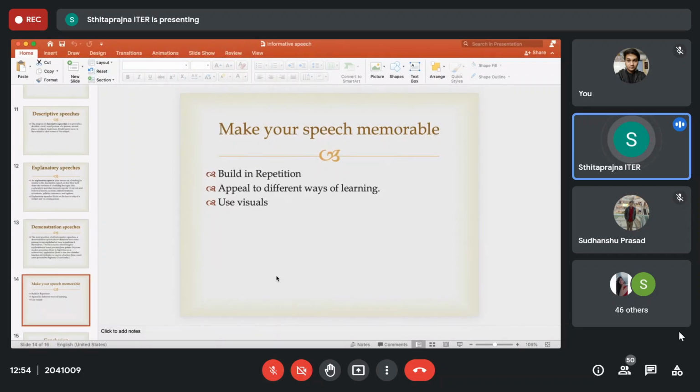If you want your audience to remember the key ideas, keep repeating, like the teachers in the class do. Why? Because they want to reinforce the key ideas so that you remember them. Appeal to different ways of learning and use visuals, and that is why informative speech is preferably through a PPT.